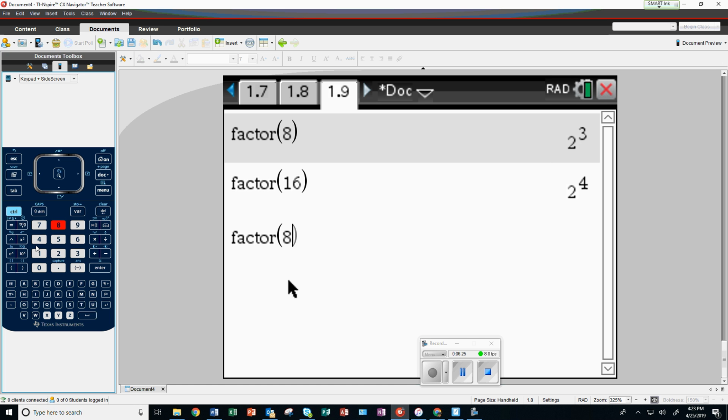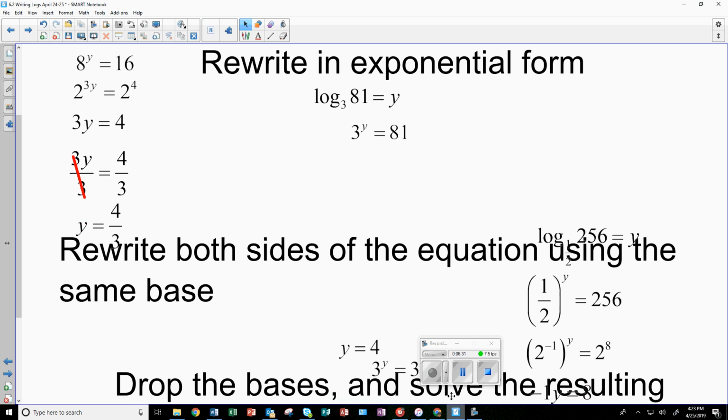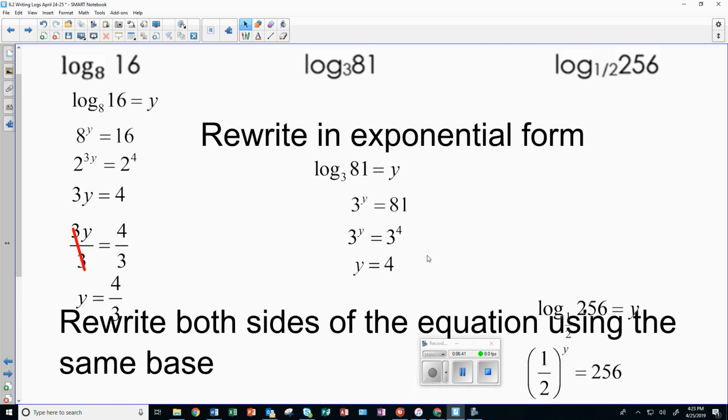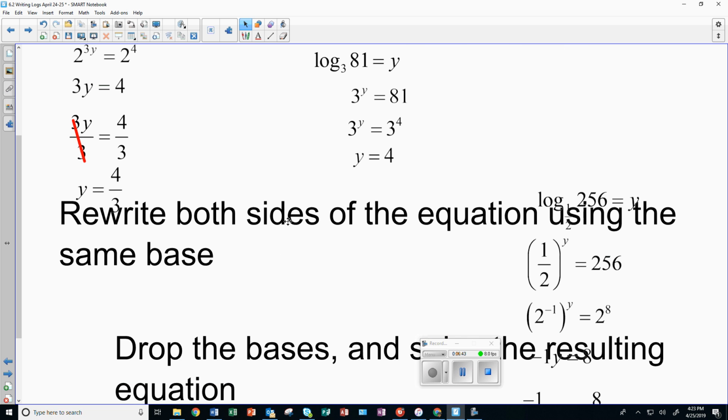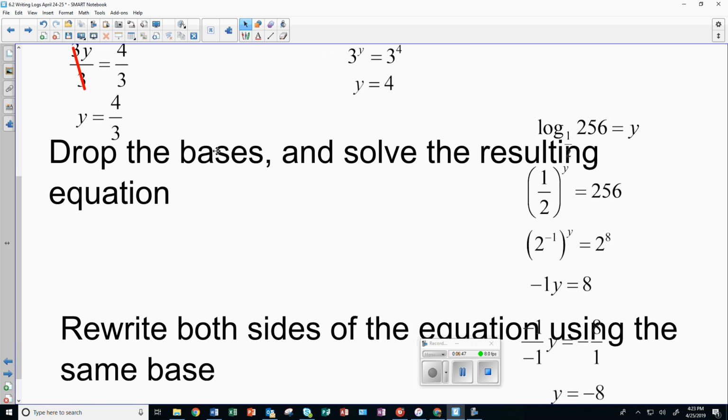So let's factor 81. 3 to the power 4. So that means that 3 to the power y is the same as 3 to the power 4, which implies that y must be equal to 4. Okay? That's what we did. We dropped the bases and solved the resulting equation there.